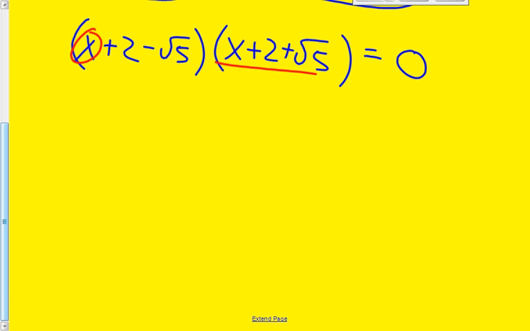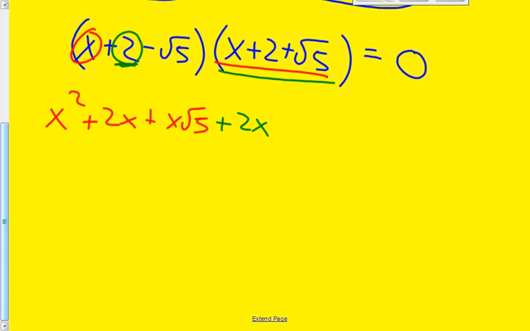X times everything in here. X squared plus 2x plus x square root 5. The positive 2 times everything in here is a positive 2x, positive 4, positive 2 square root 5.